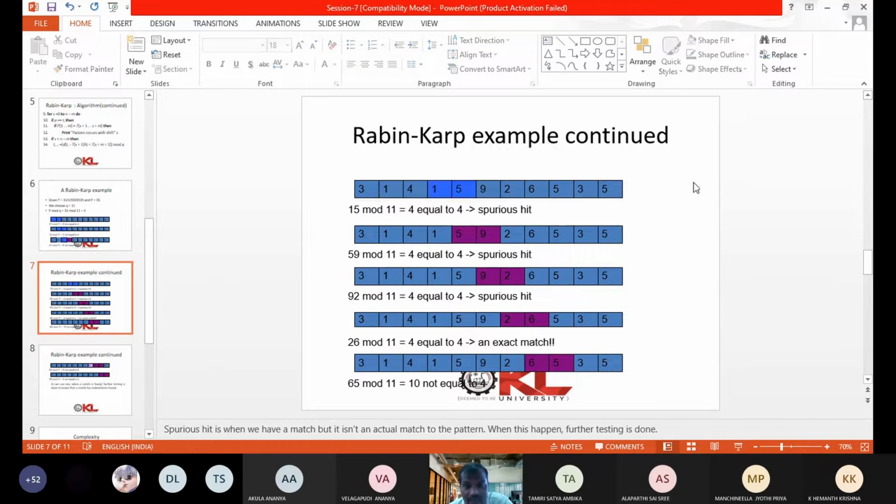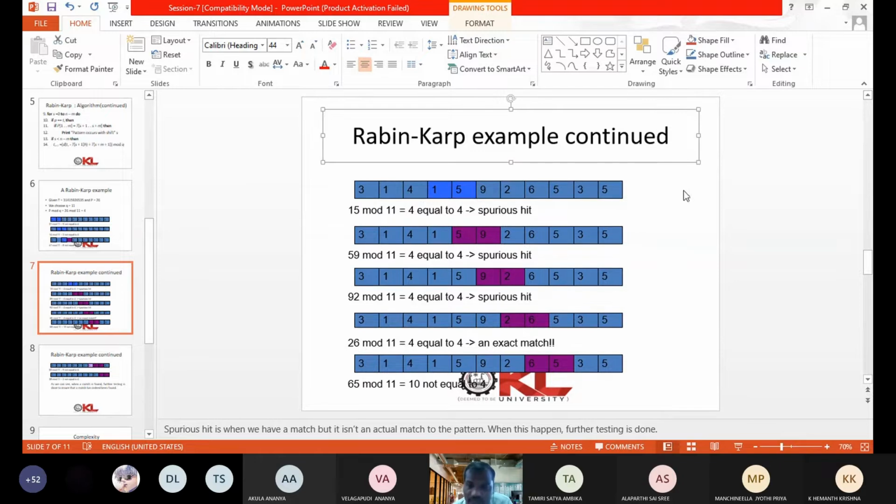But what is our pattern? We are trying to search whether 26 is available or not. 26's hash value is also 4. Now you see the hash value of the pattern is equal to the hash value of the string. But is it a perfect match? Our pattern is 26, but here the available one is 15, even though the hash value is the same. So this kind of situation is called a spurious hit.